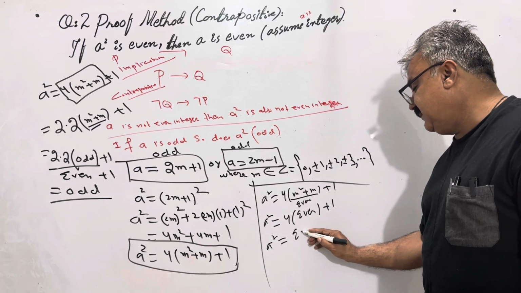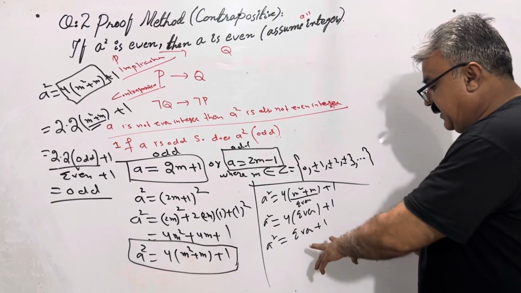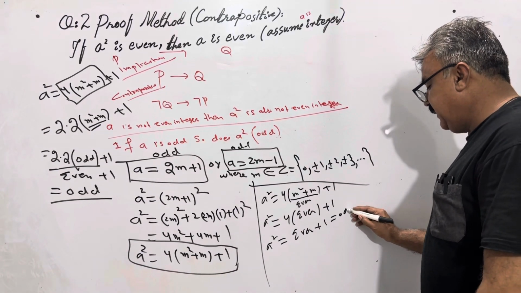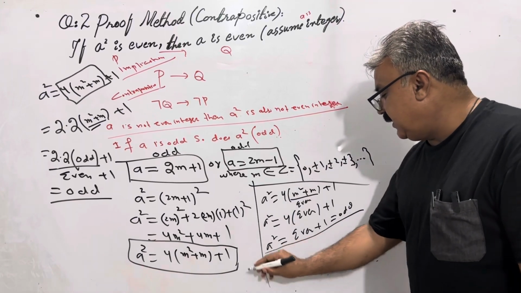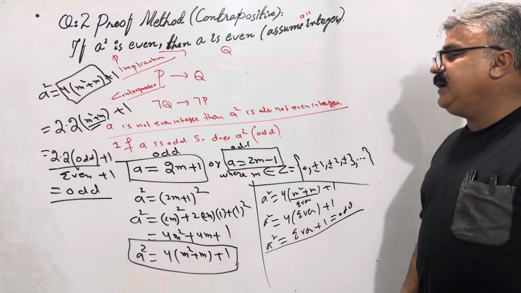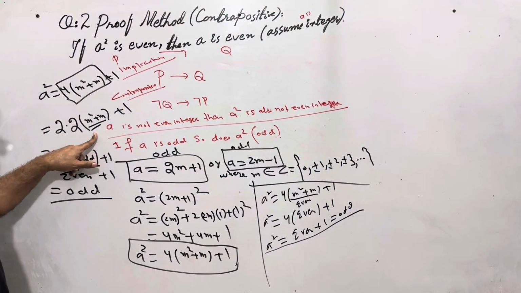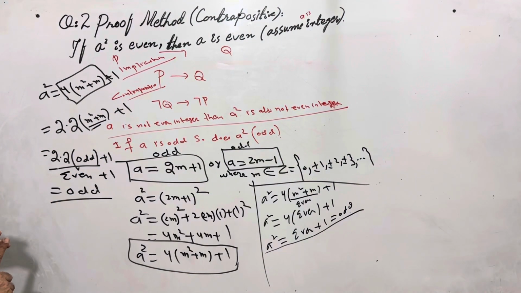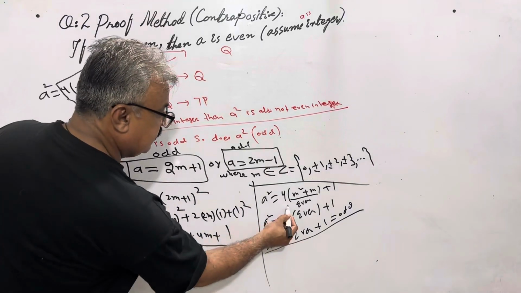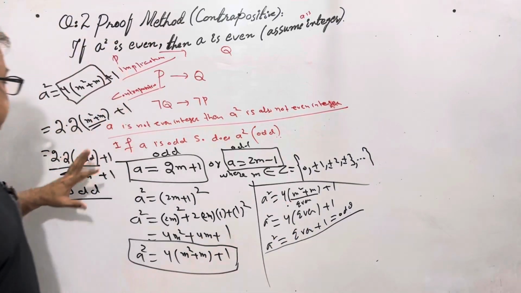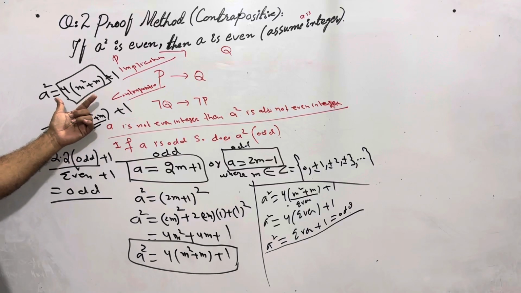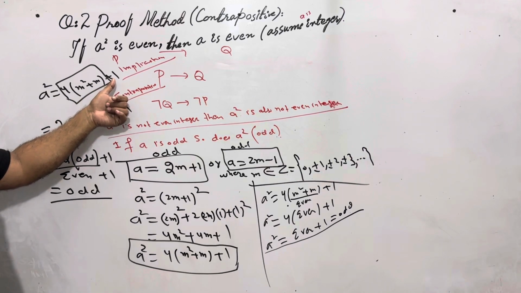If we add 1 to the even, it becomes odd. So in both cases, whether m square plus m is odd or even, it will give us an odd number: 4 times (m square plus m) plus 1 is odd.